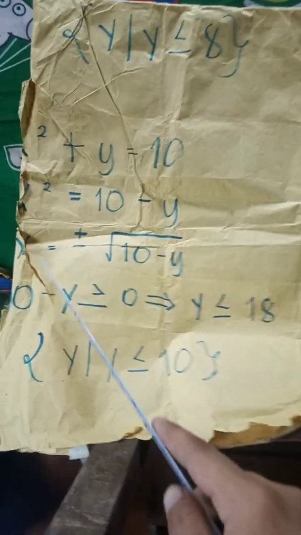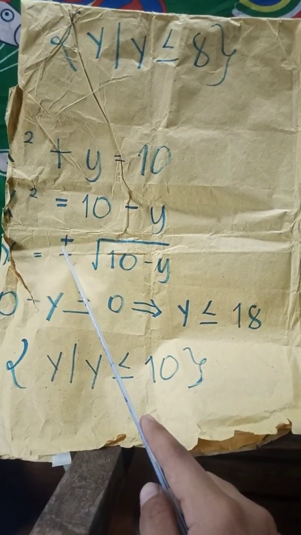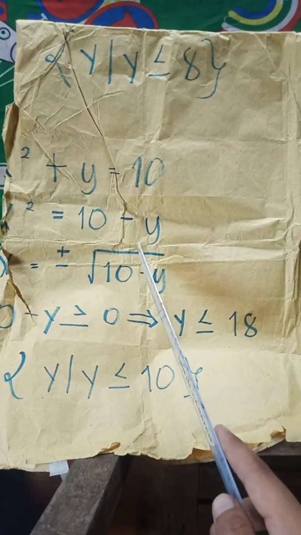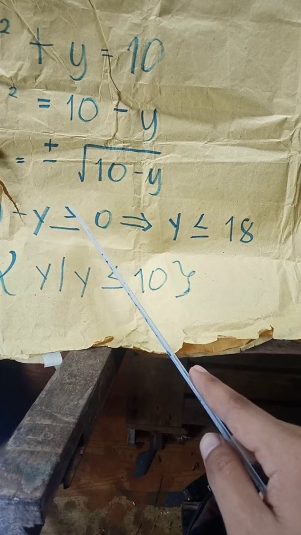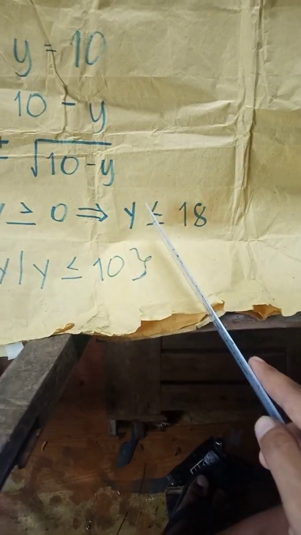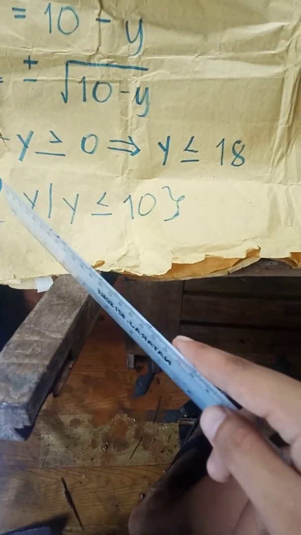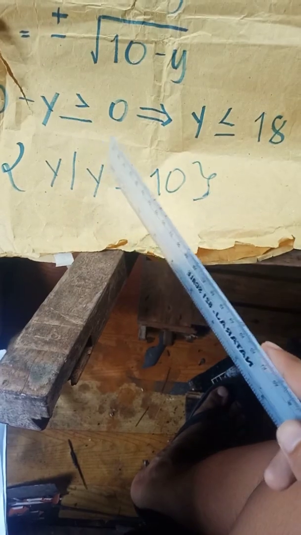So x is equal to positive or negative square root of 10 minus y. So 10 minus y is greater than or equal to 0. Therefore, y must be such that y is greater than or equal to 10.